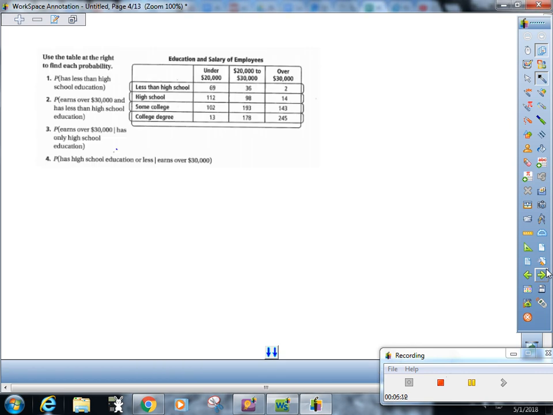Okay? So we've got this probability table. You might want to add them up. So, let me do that real quick. Get my calculator.